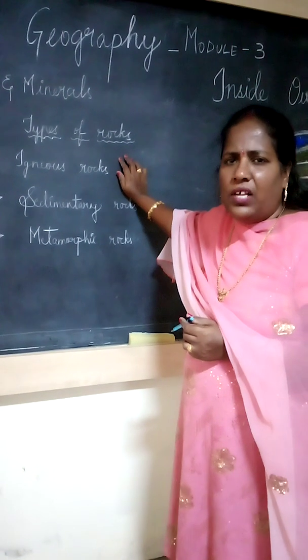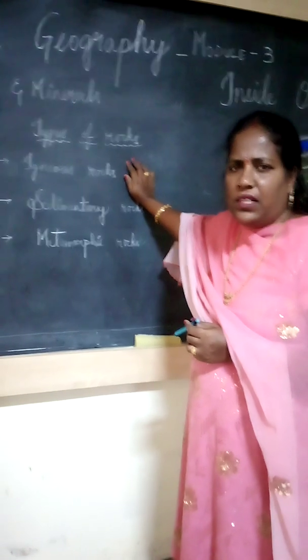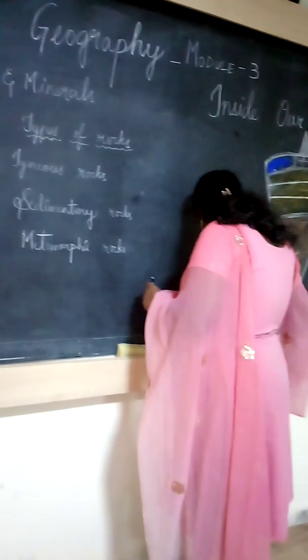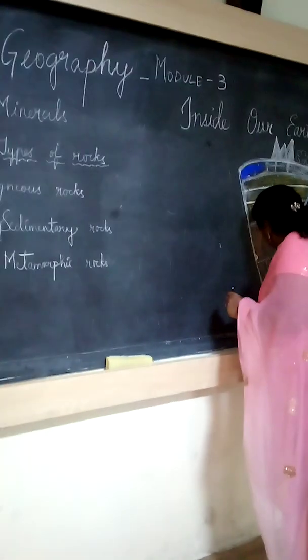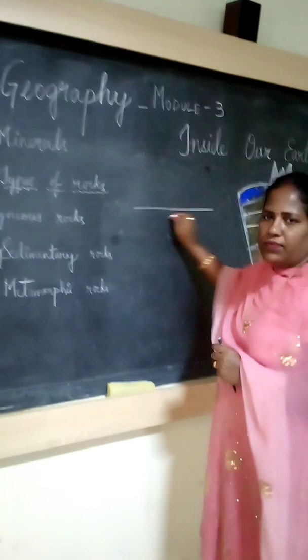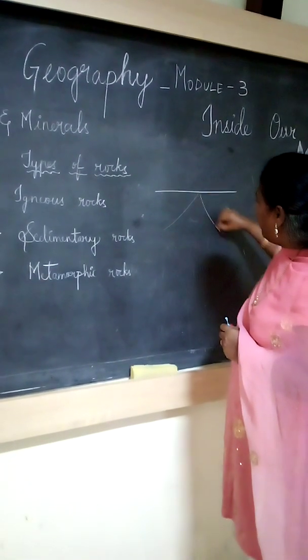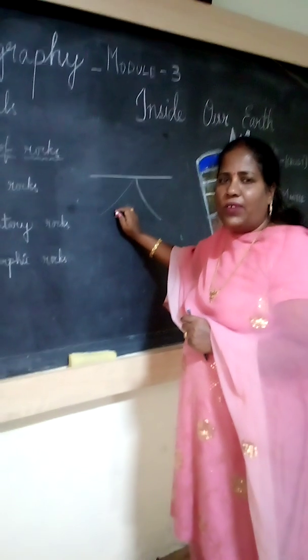You know volcano. Anytime you saw that eruption in video or picture, volcano eruptions. See, I will show you volcano eruptions. Surface of the earth. Suppose here from the mantle, already we discussed, in the mantle magma is there, liquid form is there.